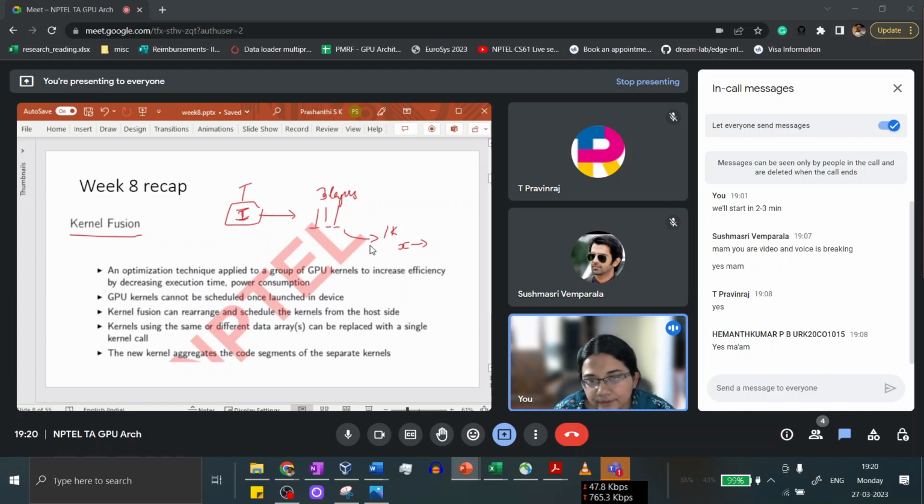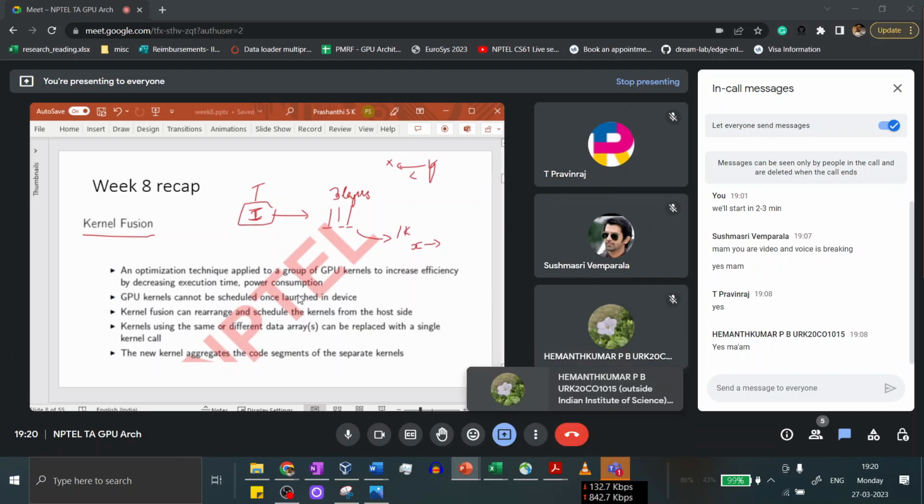TensorRT gives you performance numbers. They'll say if you run this inference without TensorRT using standard deep learning frameworks like PyTorch or TensorFlow, it takes X seconds, and if you run it using TensorRT, it takes Y seconds, and this Y will typically be much less than X. One of the optimizations they do to achieve this is kernel fusion. So this is just some meta information on that.